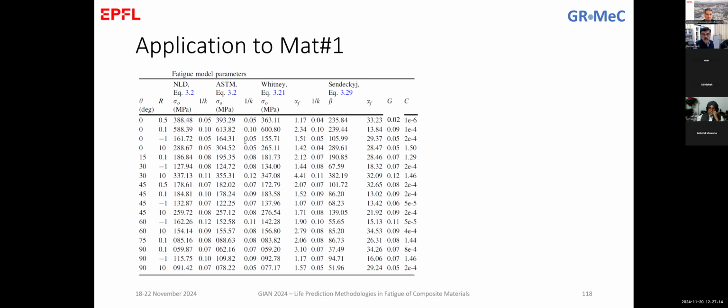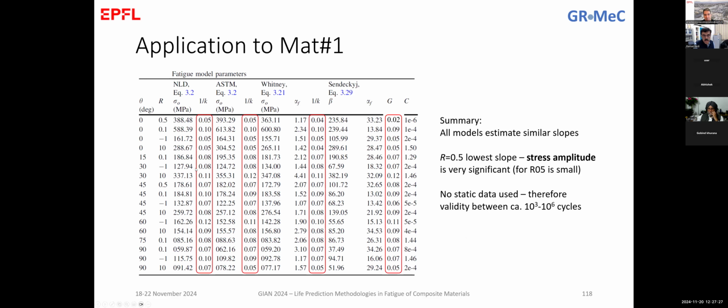If we see the application of all the methods to the first material that we've characterized a lot, first of all, the discussion comes to the slopes. All models estimate similar slopes.